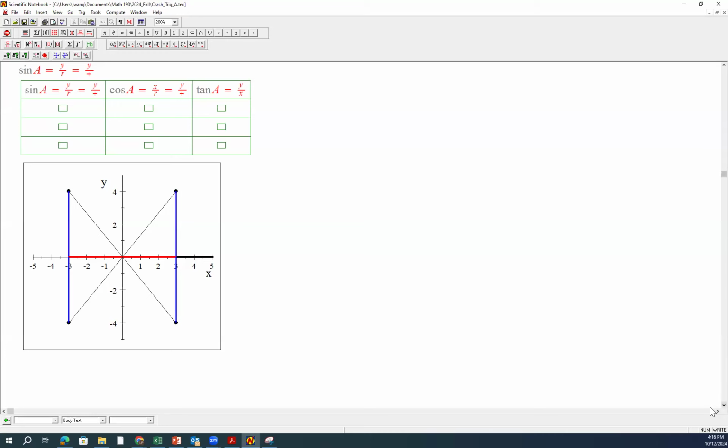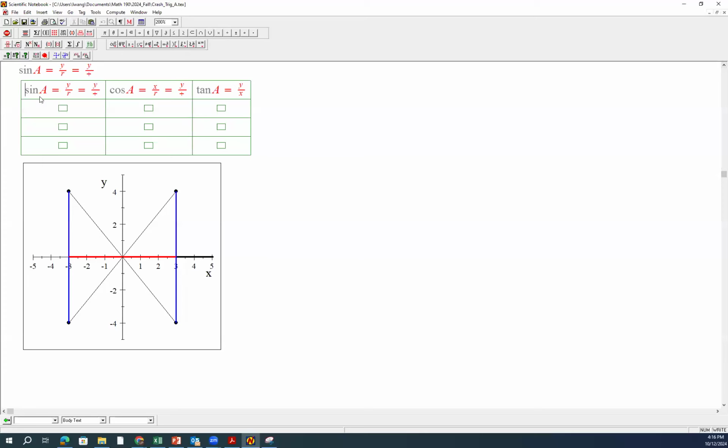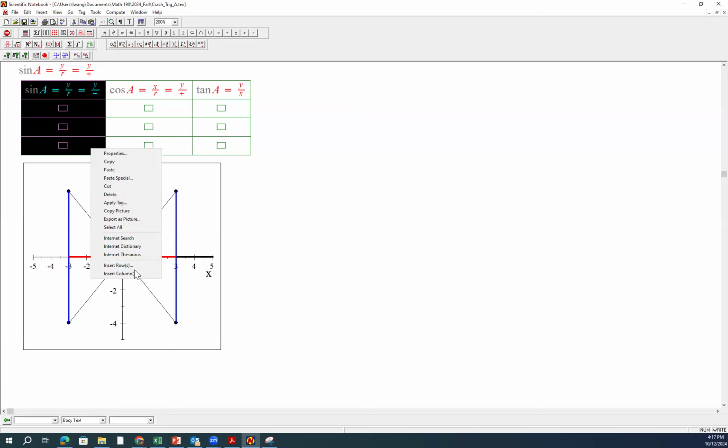If we understand the quadrants, we probably need another column for quadrants.